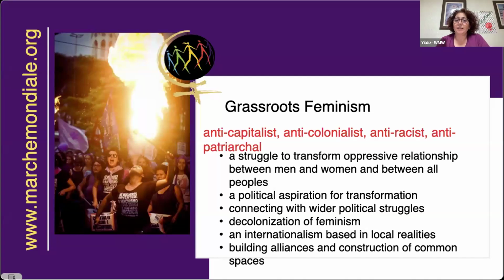And it is a political aspiration for transformation. And that connects us with wider political struggles. And also decolonization of feminism is important in our agenda. So that's why, as Sarah mentioned, the Berta Cáceres International Feminist Organizing School has been very helpful in this process at international level, because we learned a lot from the indigenous wisdom during this school.